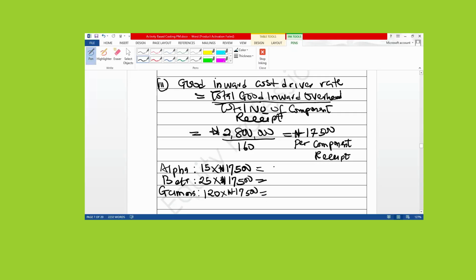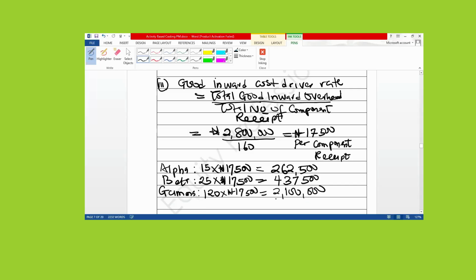262,500 for alpha. Next, 437,500 for beta. Next, 2,100,000 for gamma.